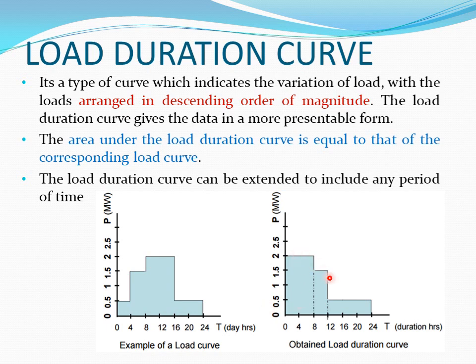So we have arranged the magnitude of the load in the descending order. This is the load duration curve. But the area in both these curves will be the same. From the area we will be able to know how many number of units are generated in the particular day.